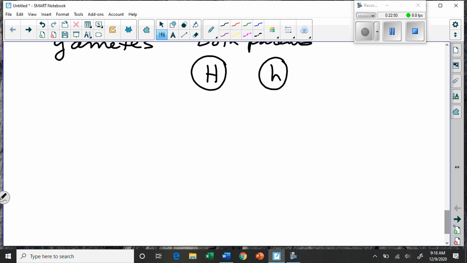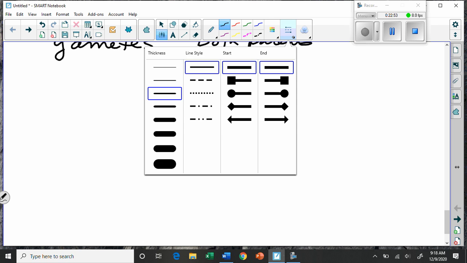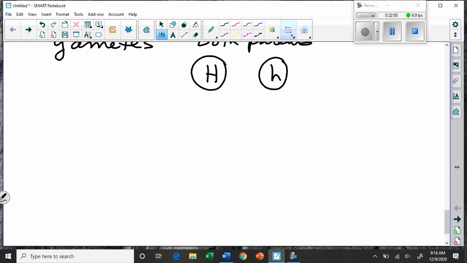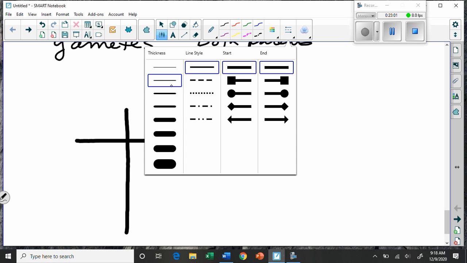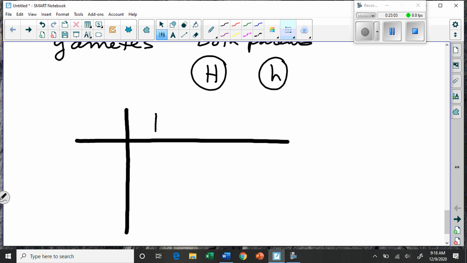So in this case, for our cross, we have a nice chart here. Our gametes for one parent are either a capital H or a small h, so we'll put a line down between them. And the other parent is also a capital H or a small h, so we'll put a line down there and we'll cross this way.